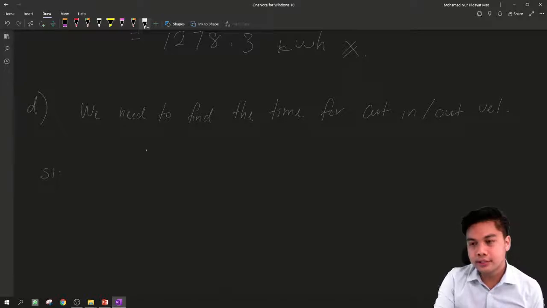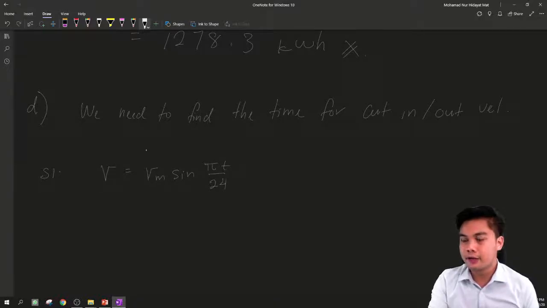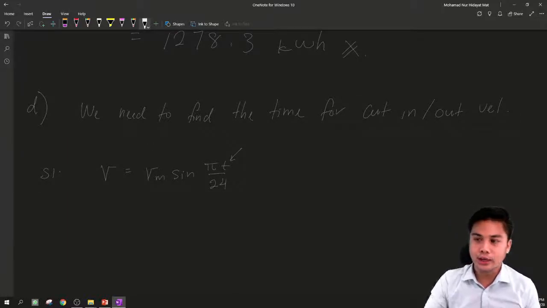Referring to the velocity profile, V equal to Vm sine pi t over 24. So this we have the velocity is given, velocity in and velocity out for the cut in and cut out. So we need to find this time. So rearrange this one.